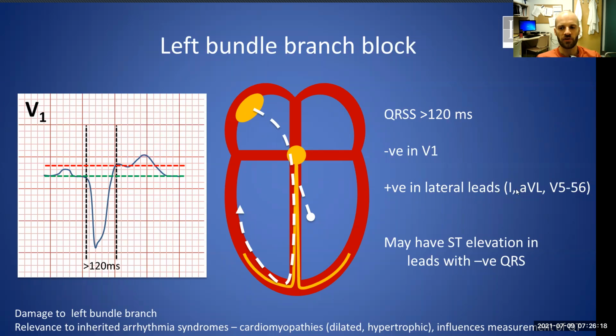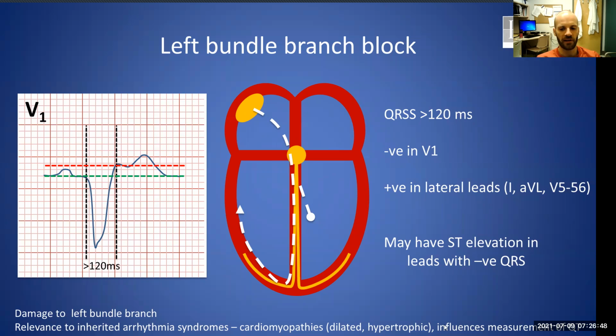In the lateral leads, which is 1, aVL and V5 to V6, you're going to get positive QRS complexes. And just as a result of the fact that the left bundle is not working properly, you can get some ST elevation occurring here as well. Regardless of whether there's any active ischemia going on, a left bundle branch block by itself can cause some ST elevation. So that's what it looks like in V1 with our broad QRS, potentially with some ST elevation.